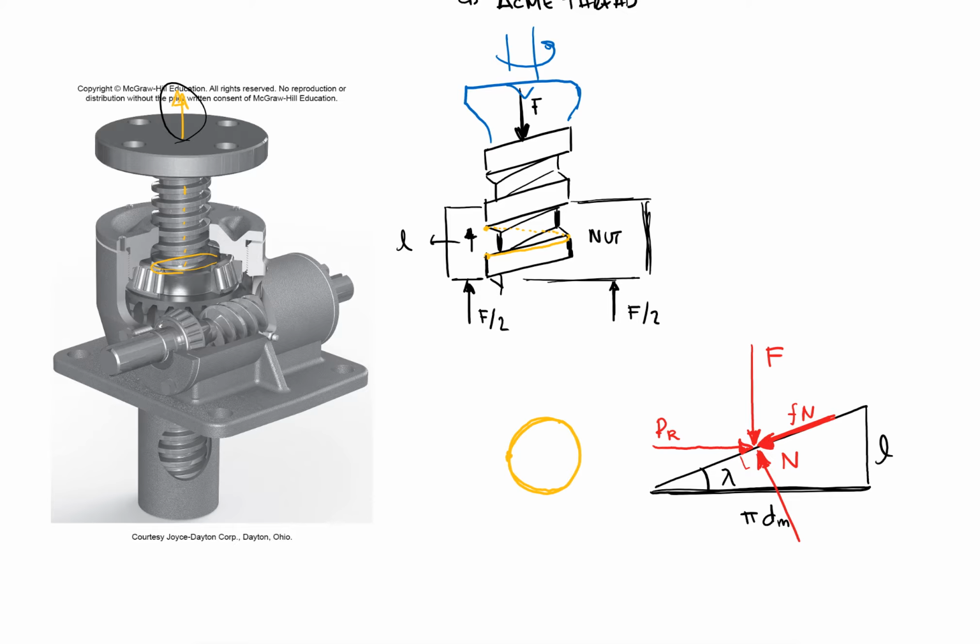So if I want it to go up, I would be in this situation where P_R goes to the right. Okay, and if I want the jack to go down, I would have a force going left. Okay, so basically this is my free body diagram of forces, and P_R would be going right to make the jack go up, and left if I wanted it to go down.